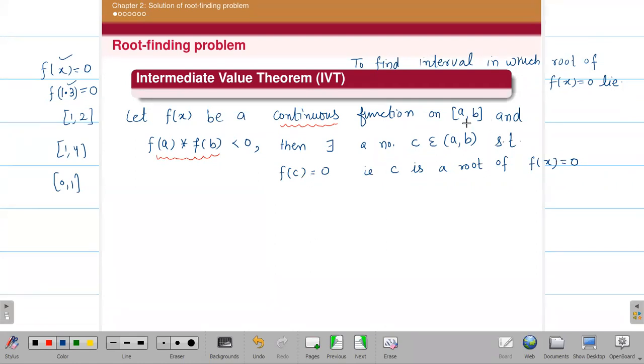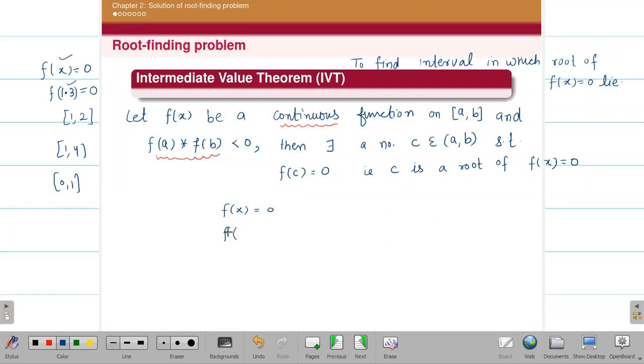So it is better if you have an interval to apply any method, any numerical technique, means you can apply bisection, Newton, secant, and fixed point, if you have an interval. Okay. So for example, suppose f of x is any function here, and I randomly choose points.